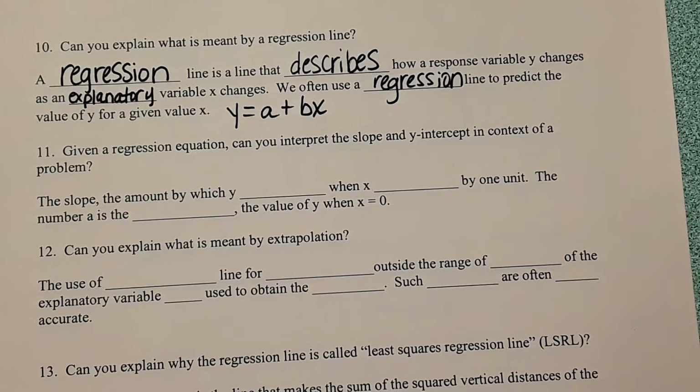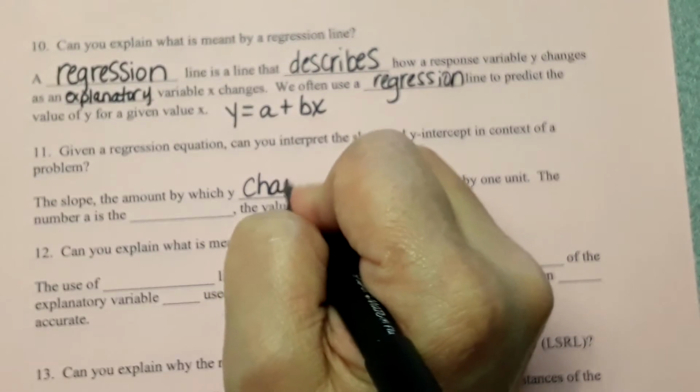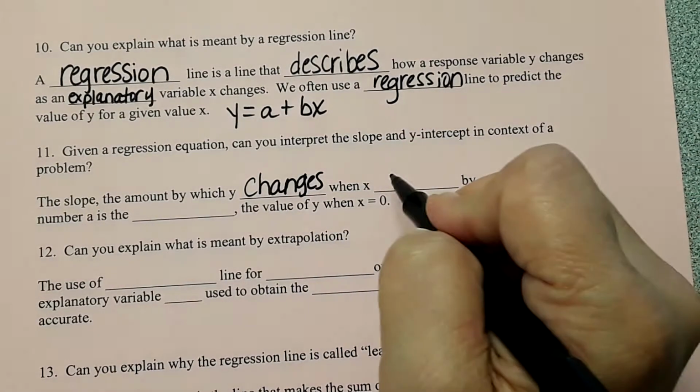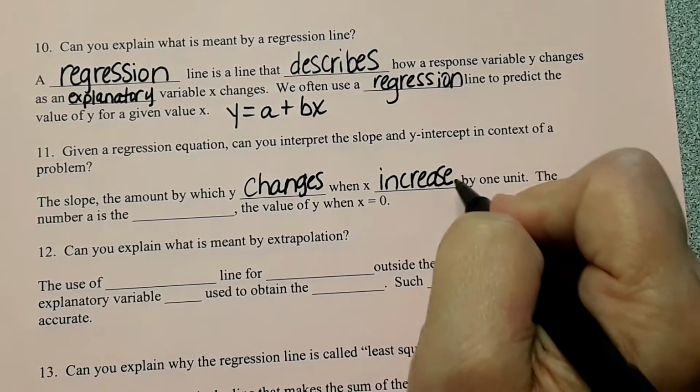If it is not in context of a problem, you will lose a point. How do you do that? The slope is the amount by which y changes when x increases by 1 unit. The x will always increase by 1 unit.